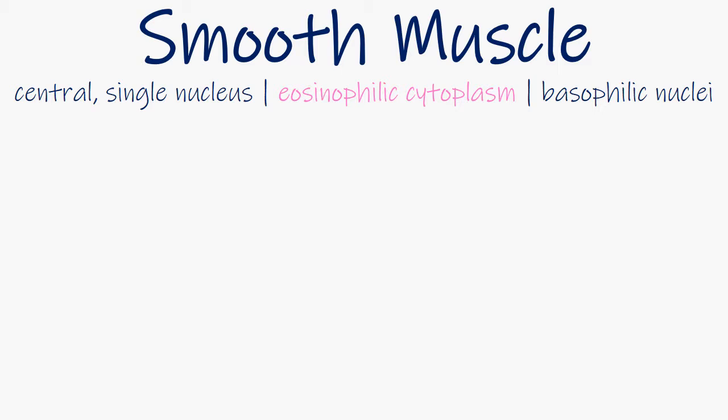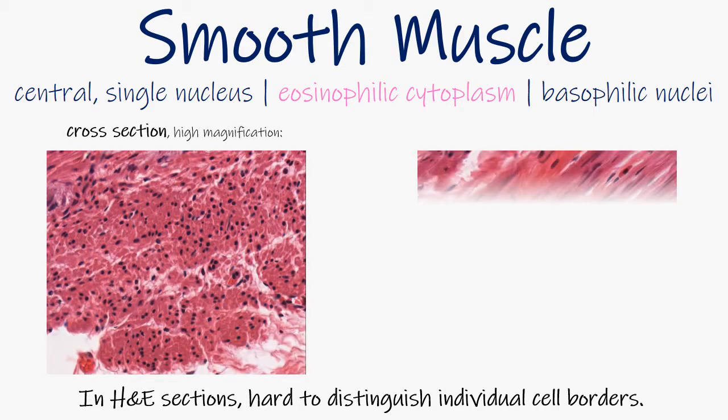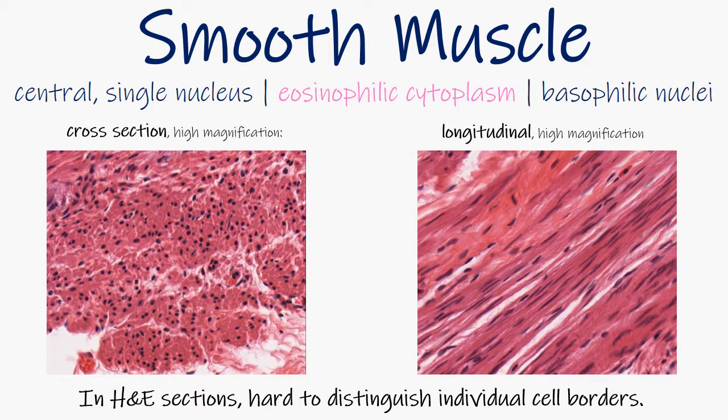However, what sets smooth muscle apart from cardiac muscle is that it can be very difficult to distinguish individual smooth muscle cells in both cross-section and longitudinal section. The cells all seem to blend into each other, and all that you will see is a lot of pink cytoplasmic material and a lot of basophilic nuclei. You will not routinely see the cell borders of smooth muscle like you did with skeletal and cardiac muscles.